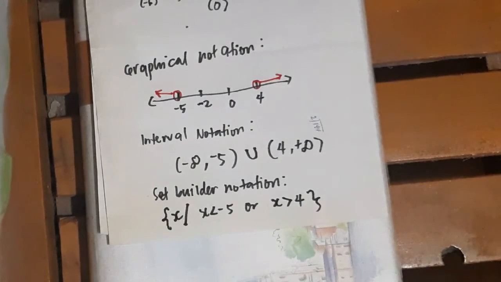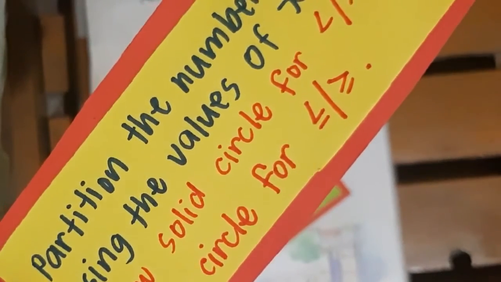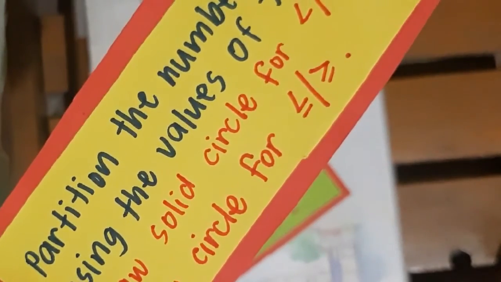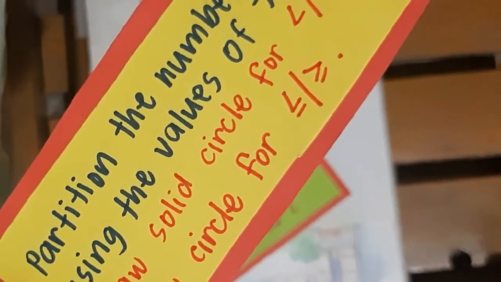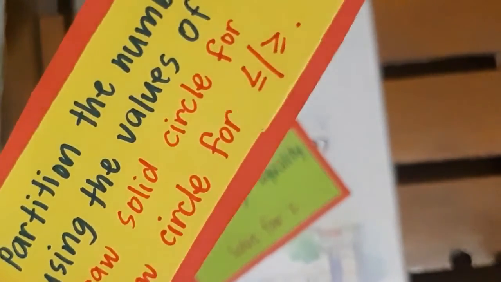In a nutshell, when we try to get the solution set of a quadratic inequality, first, solve for x by transforming the inequality to an equality sign. Next, partition, and make a solid circle for the strict inequality and a hollow circle for the unstrict inequality.